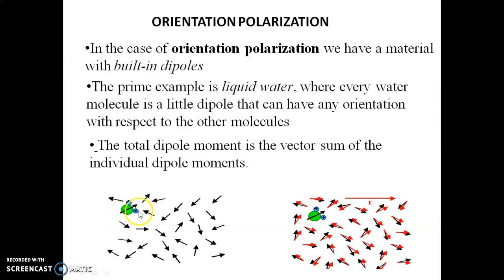Before the application of the field, you can sum up all these vector components and finally have zero polarization, because they are randomly arranged, right? The arrows indicate the vector directions.